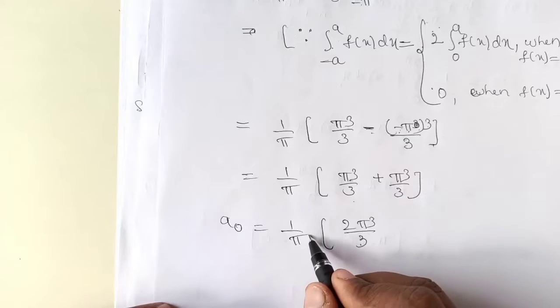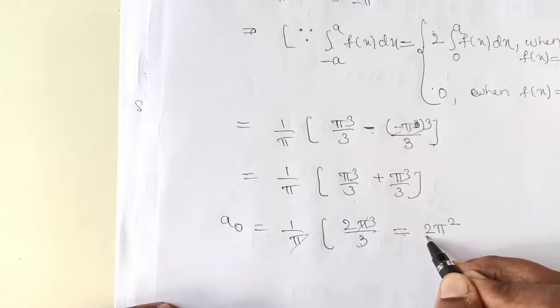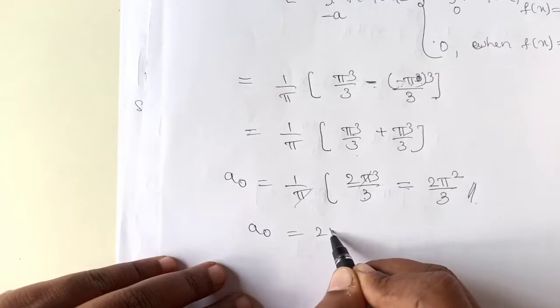So this 1 pi term cancels, we get 2 pi square divided by 3. So this is the a naught value.